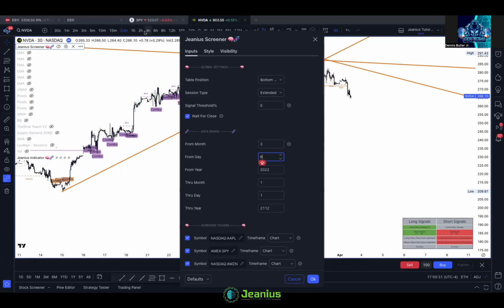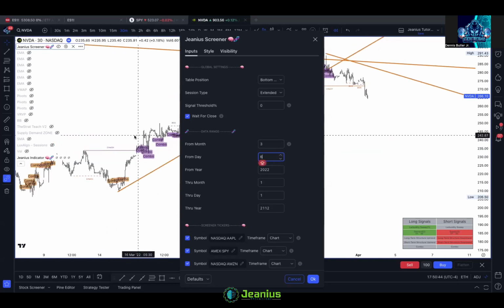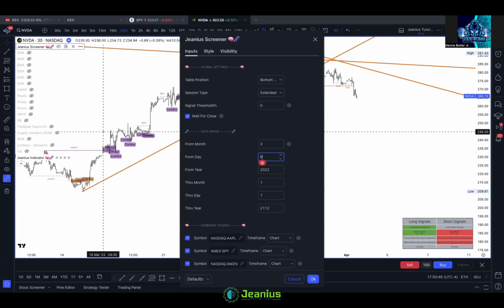So I'm trying to be lenient here and just get it as close as I can. Remember I said that the lower you go in time frame, the closer the date has to be to that specific time frame, so that the screener can work more fluidly and not collect so much data when looking through all of these candles on all of these charts at one time. So what is this, the 15th?